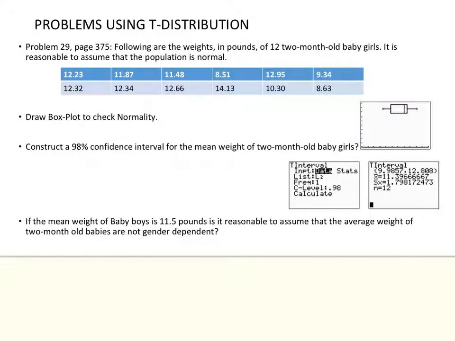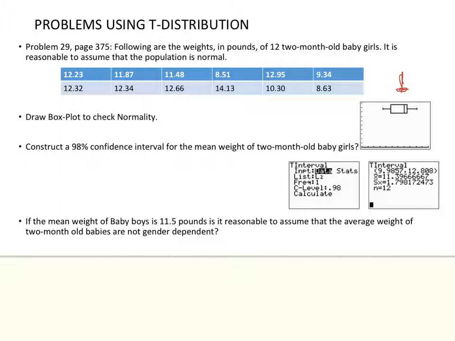So we end up drawing a box plot. And here's our box plot. We don't see any outliers, so we can assume somewhat normal distribution. So our first step is to construct a 98% confidence interval for the mean weight of 2-month-old baby girls.